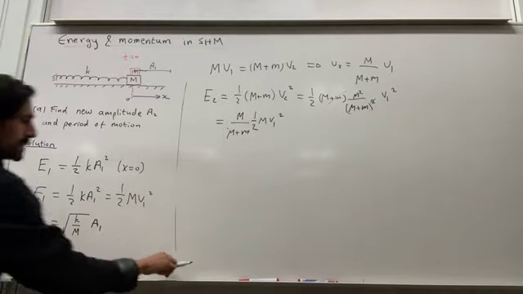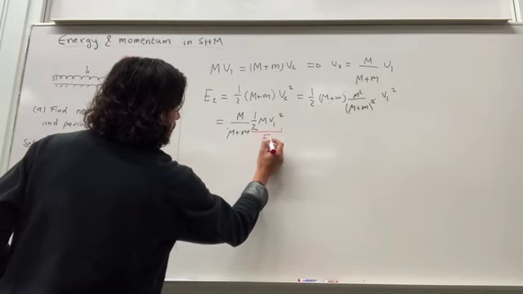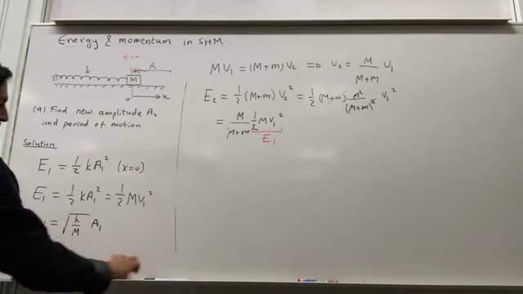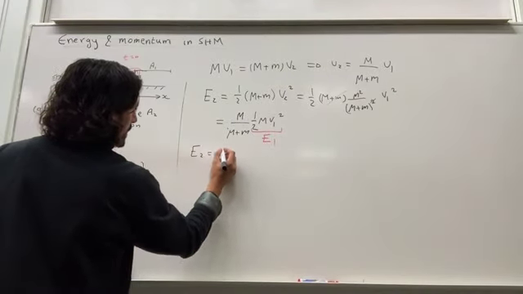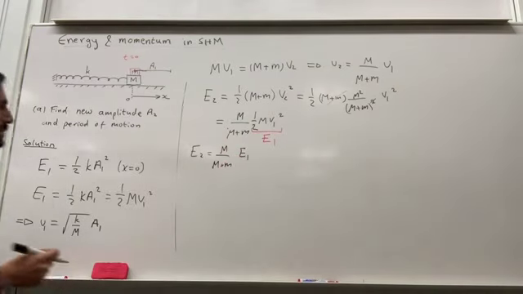And this is exactly E1, right? So E2 is M over M plus m times E1.